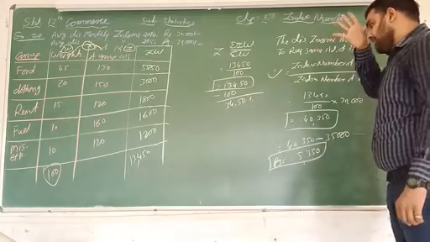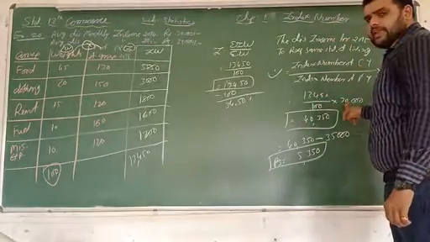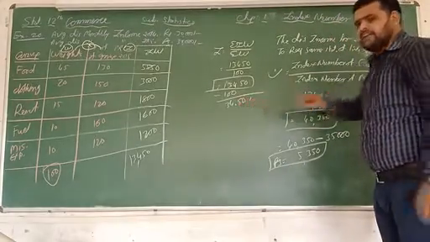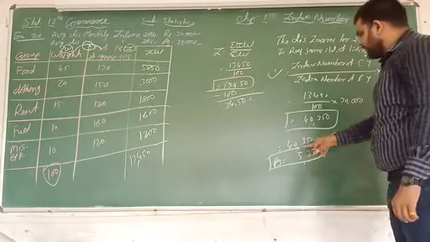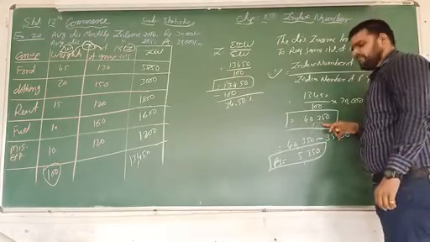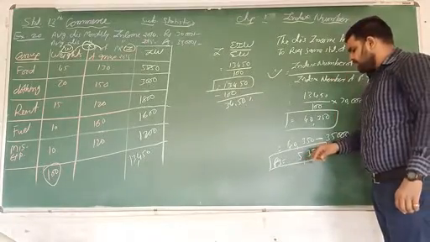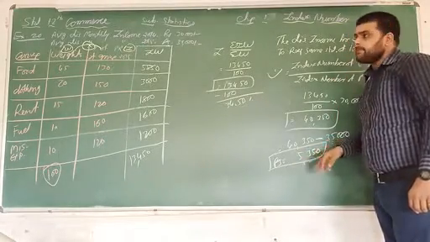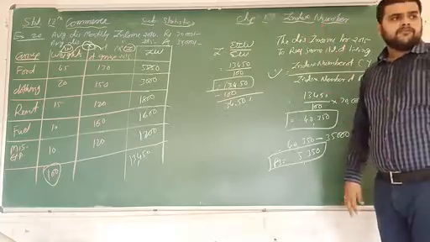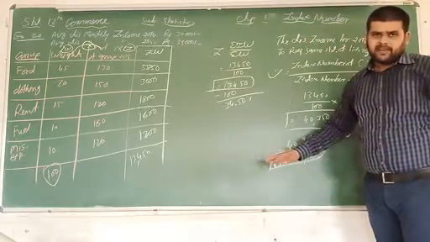Either you can add 34% in 30,000, again you get this answer, that is 40,350. How much difference is there? So the difference is 5,350. Okay, so this is the end of example number 20.